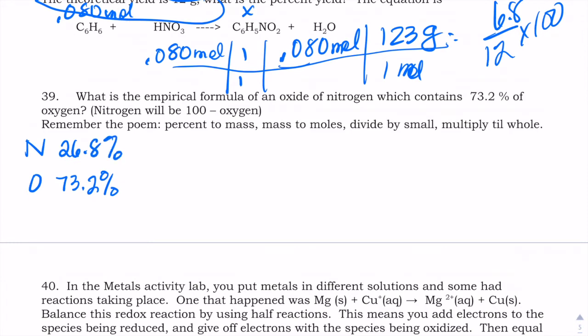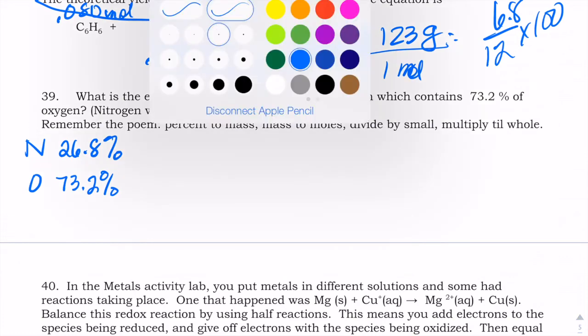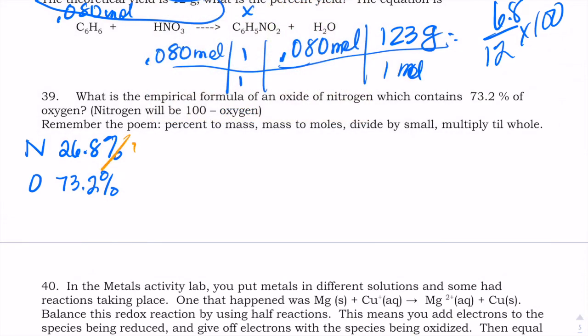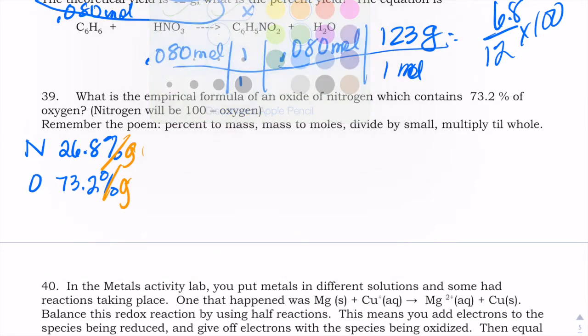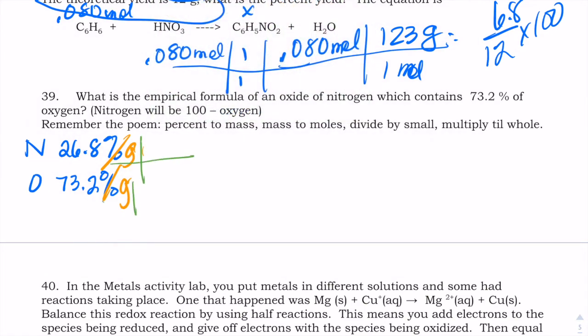First thing we do, percent to mass. Change these to grams. Next thing we do, grams to moles. Divide by 14.